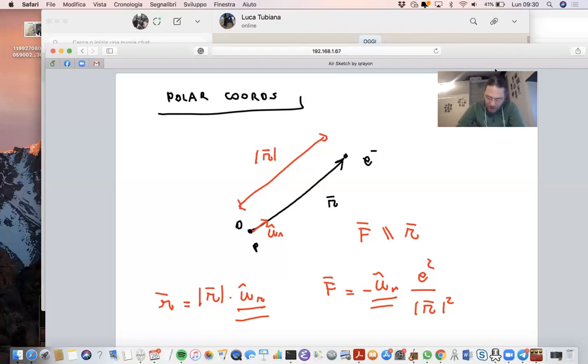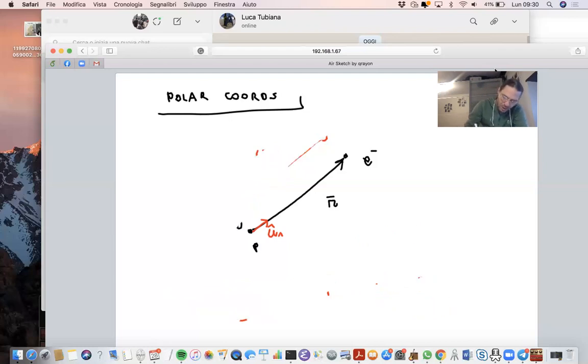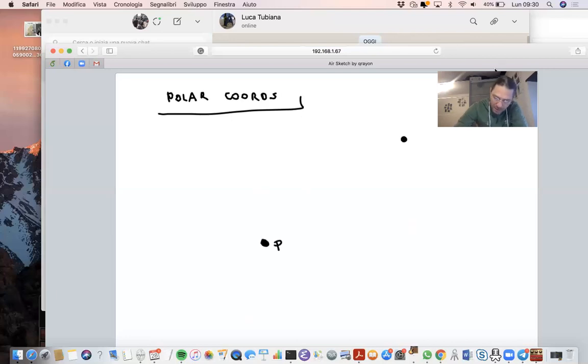So rather than using Cartesian coordinates, let me redraw this to make it clear in the picture. We can use a different set of coordinates. So we can use rotating coordinates. Let me explain what it means. One choice would be to set y and x here, and then let the x, y, and of course z, position.